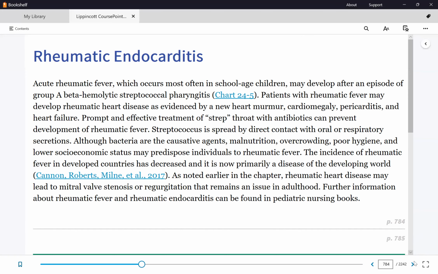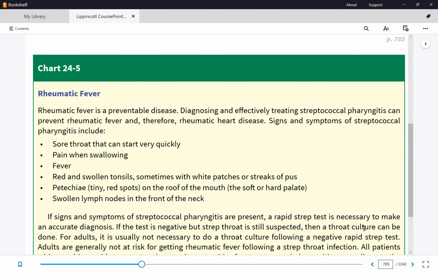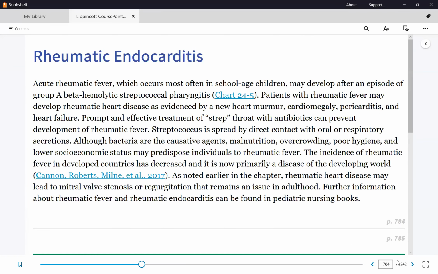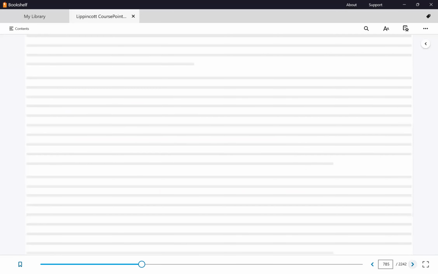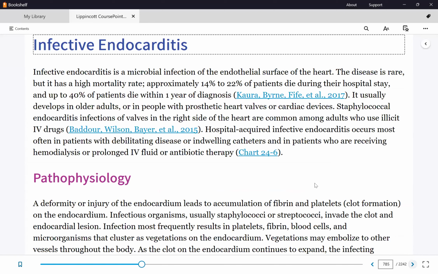Very good. Let's go now to infective or infectious endocarditis. The causative organisms here go beyond streptococcus. We still have streptococcus infections.